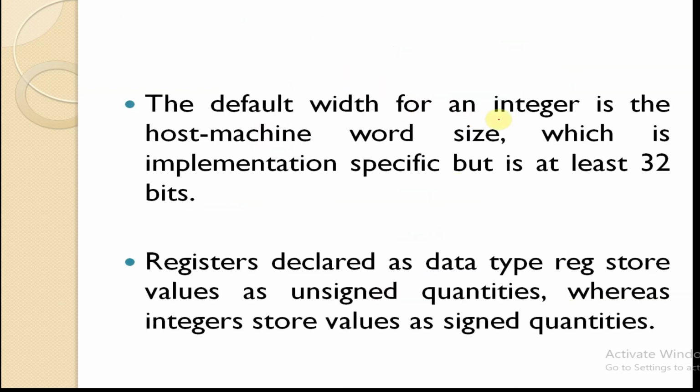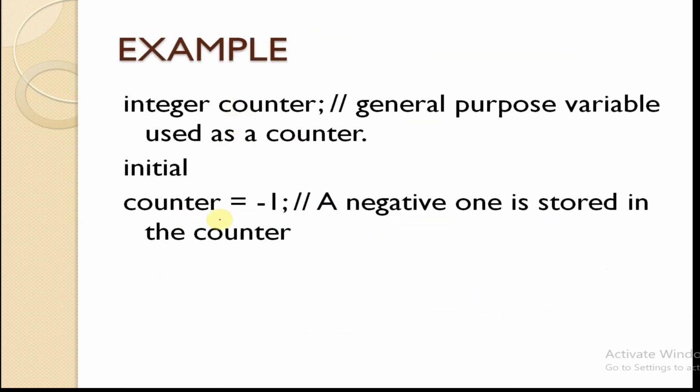The default width for an integer is the host machine word size, which is implementation specific, but it is at least 32 bits. And registers declared with data type reg store values as unsigned quantities, whereas integers store values as signed quantities.